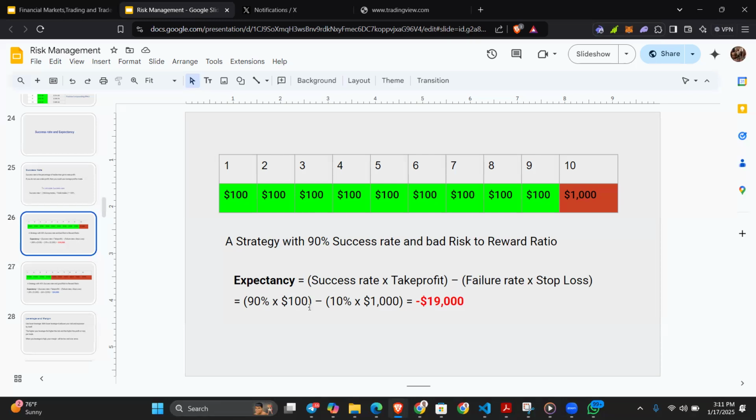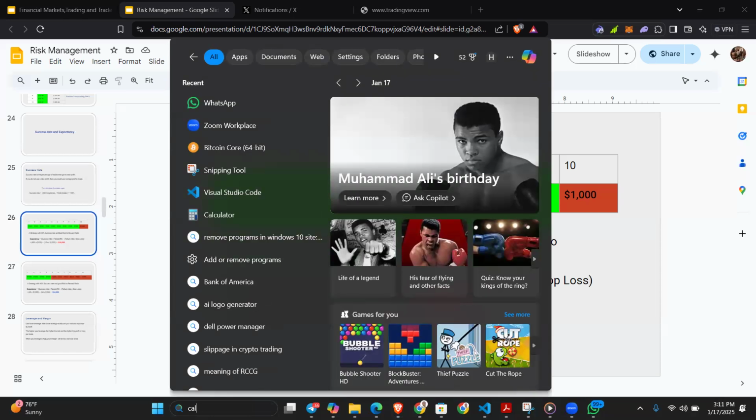So if you do this calculation, you are going to see 90 times 100, let me bring my calculator.